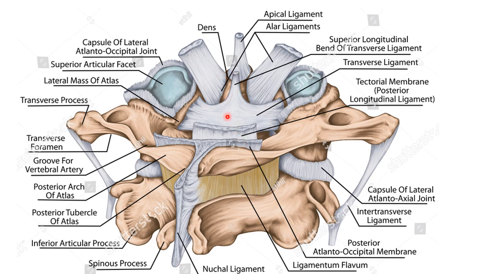So the cruciate ligament is seen. Just behind it, you have the posterior longitudinal ligament, the ligament which is running behind the body, which is called the tectorial membrane, which will be adherent to the transverse ligament.